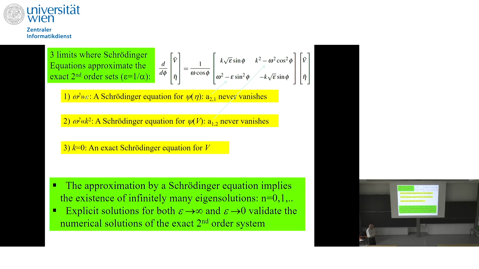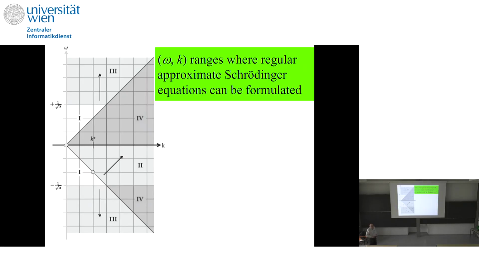Okay, so we can now look at various limits, and I'll save you the time because I think I'm exhausting your patience. But if you map the omega-k plane, you can find several interesting regions. The first one, number 1, is where we have no approximate Schrödinger equation.